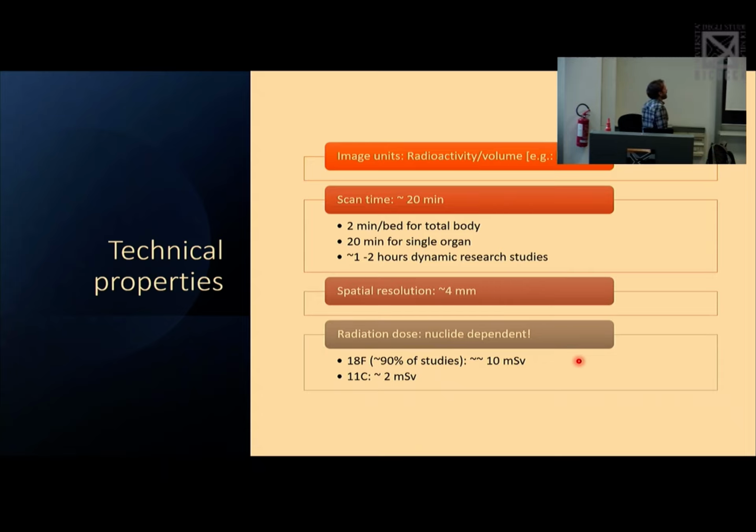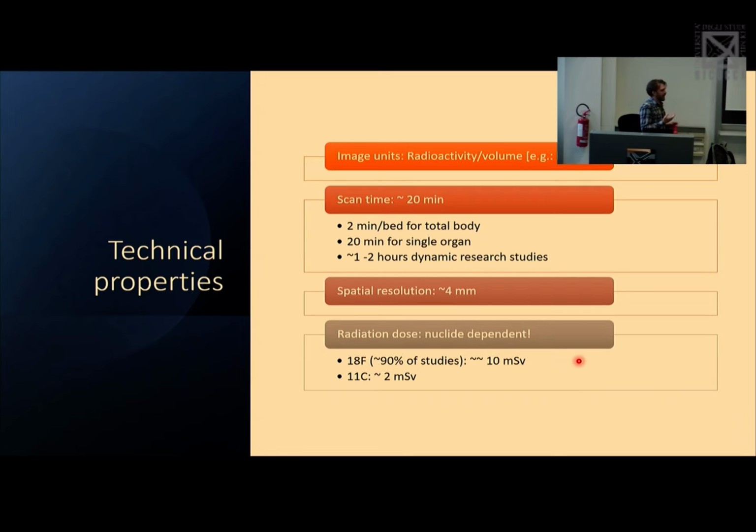With PET, you get images which have a unit of measure: the amount of radioactivity in a unit of volume, for example kilobecquerels per cc. This is not really meaningful per se, because that amount of uptake will depend on how big your body is, because the bigger it is, the more the tracer will dilute, and on how much you injected, and on lots of biological properties of drug kinetics.